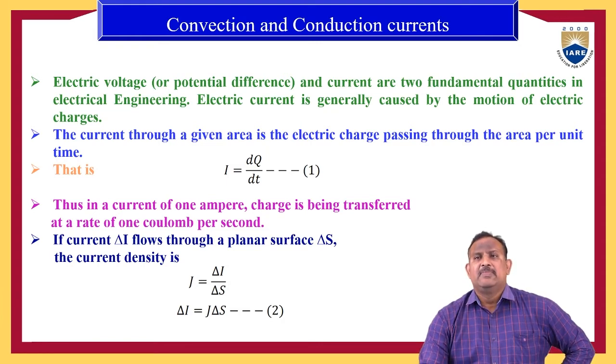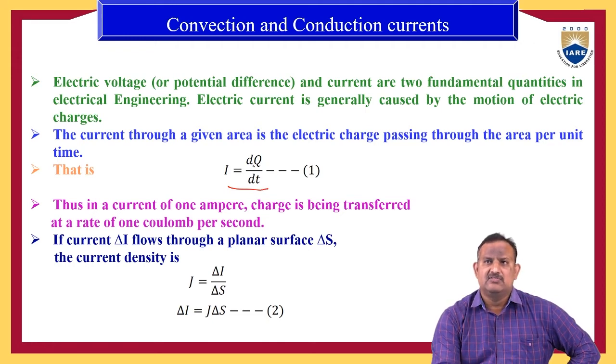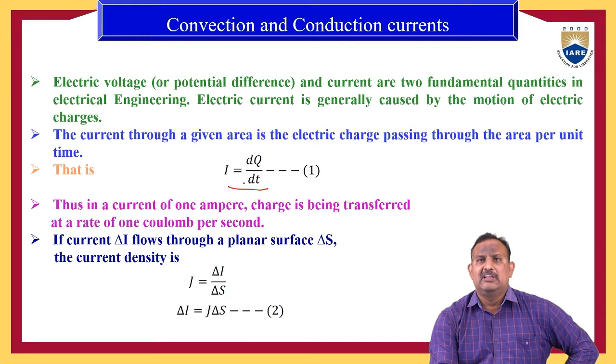The current through a given area is the electric charge passing through the area per unit time. We can define the current I as the rate of change of charge, dQ by dt, which gives the current flow through that particular area.